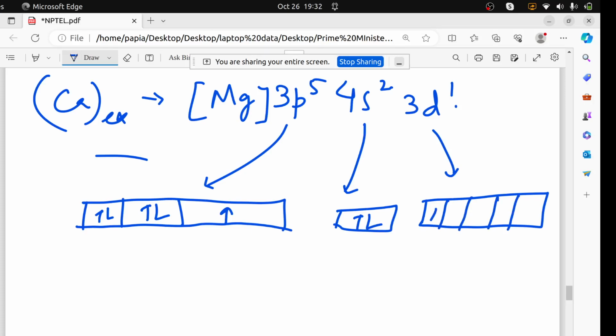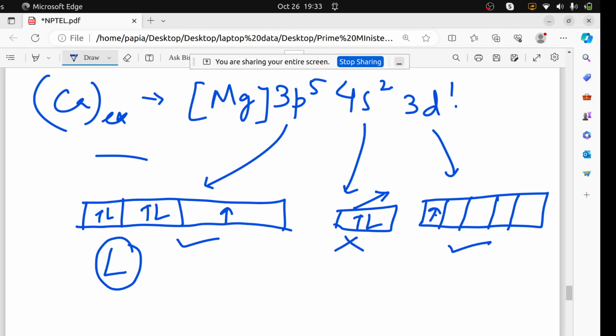Among these 5 only 1 will be filled, so it is not fully filled, it is only one electron. So for the contribution of L, the total orbital angular momentum, this one will not work and this one will not work. Which one will work? This one will work and this one will work. How? Because this one is fully filled, so it will give the total orbital angular momentum for this case as 0.